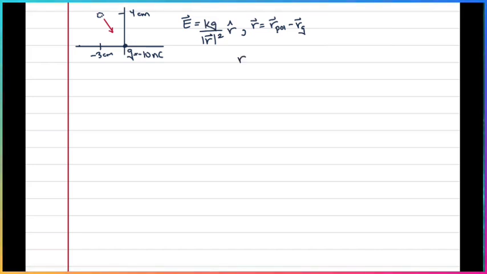The point of interest is located at negative 3 centimeters, comma, 4 centimeters, or if you want columns, negative 3, 4 centimeters. The position of the charge is conveniently at the origin.